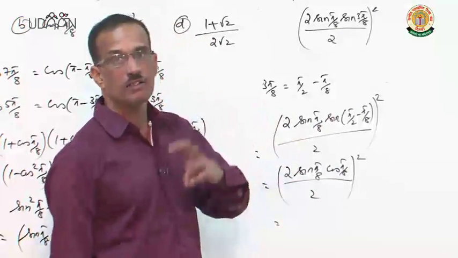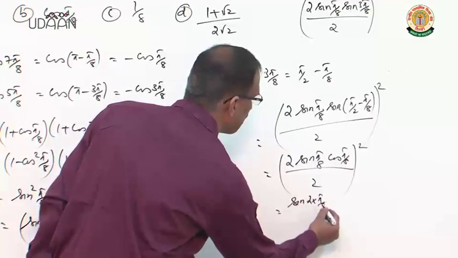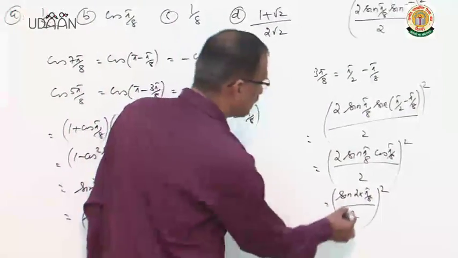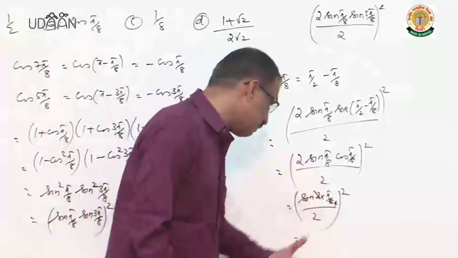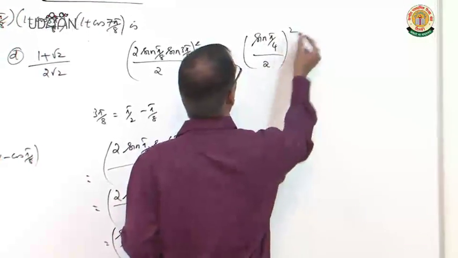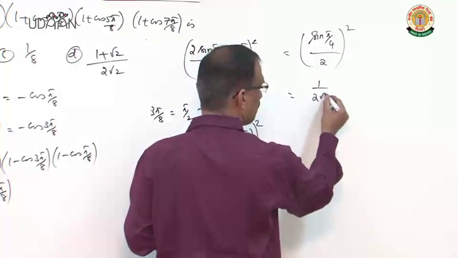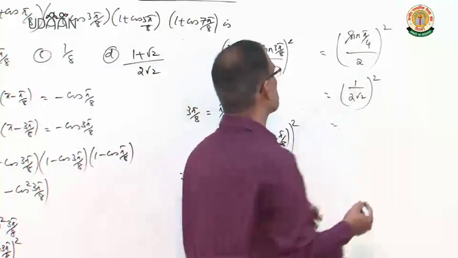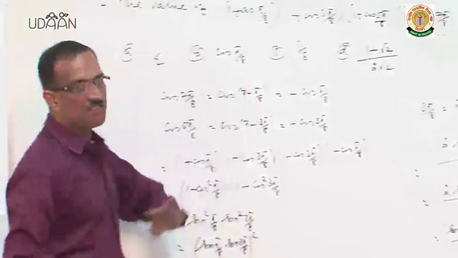It will be sin 2a, or we write this as sin 2 into pi by 8 over 2, the whole square. Or this 2 and this 8 can be cancelled, pi by 4. What is sin pi by 4? We know sin pi by 4 is 1 by root 2. So, 1 by 2 root 2, the whole square we get. What is 1 by 2 root 2 whole square? That is equal to 1 by 8. Now, look at here. So, what have we transformed?